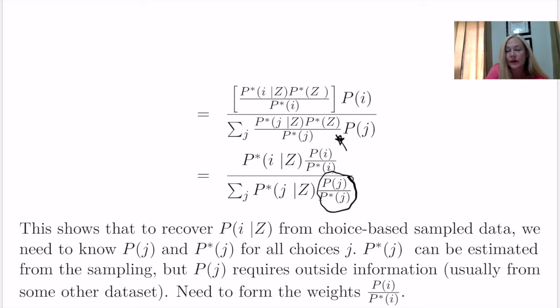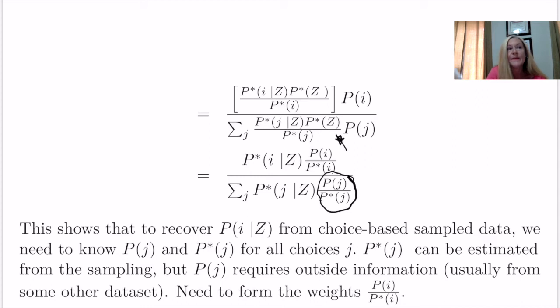We have P star of J that we see from our choice-based sample, but we need to know P of J. That's the probability in a random sample that someone chooses J. Let's say we sampled people at the train station, the subway station, and at the toll booth for the cars.